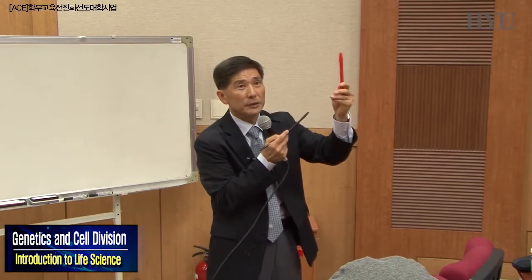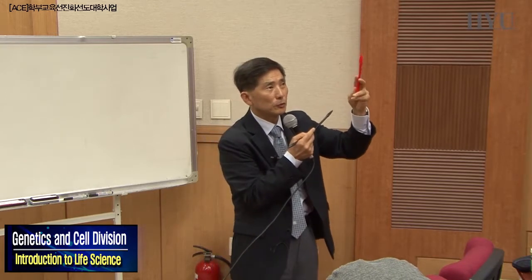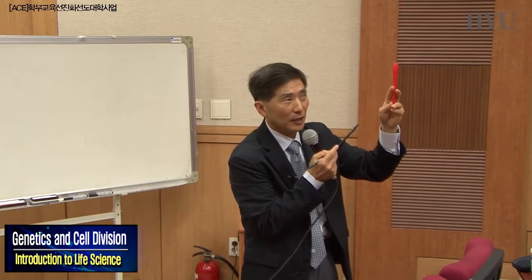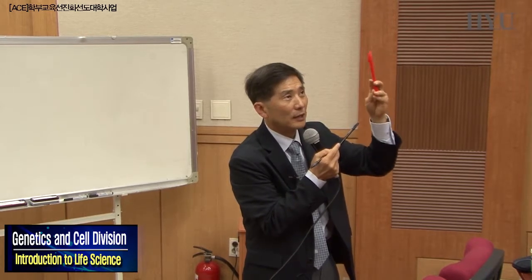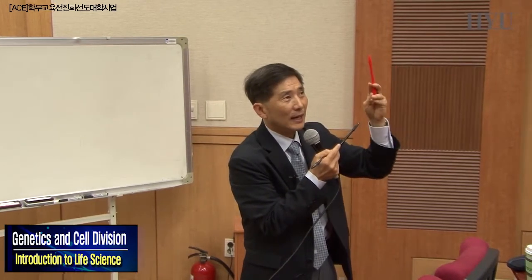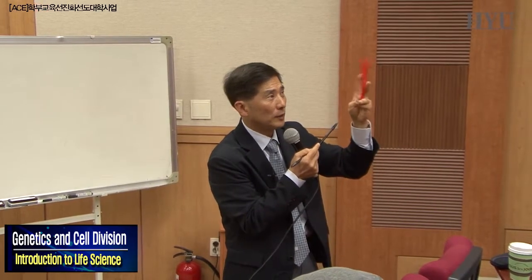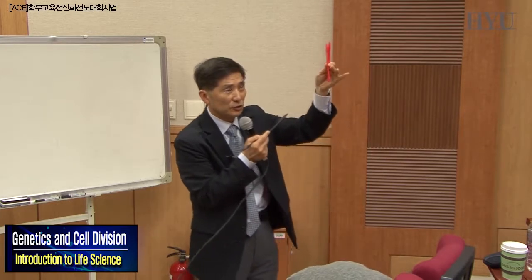You already copied the exact copy, right? So what do you call each chromosome? It's called a sister chromatid. Each sister chromatid is exactly identical, because they were copied from the other.